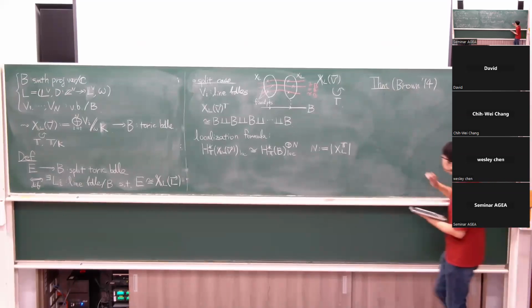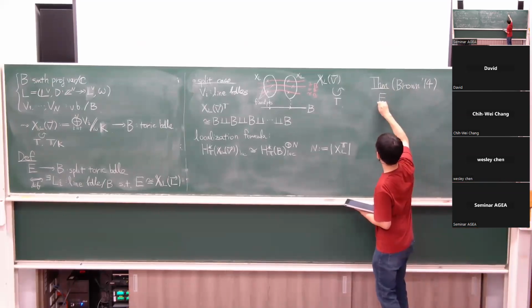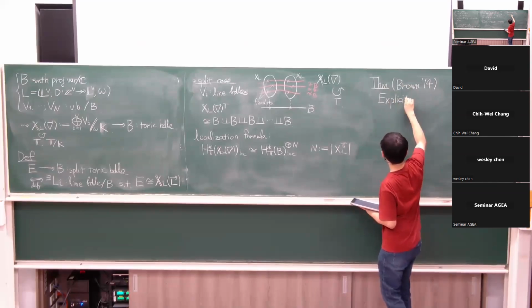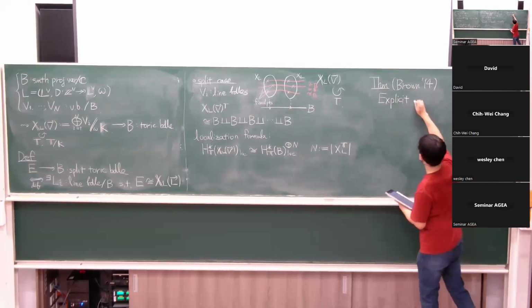Brown proves the mirror theorem for split toric bundles.